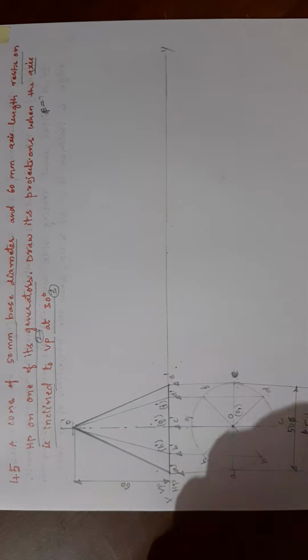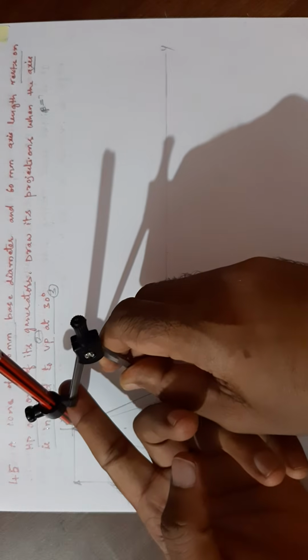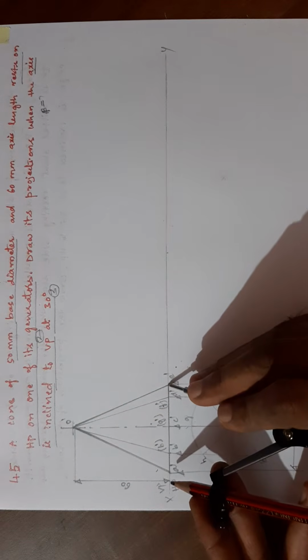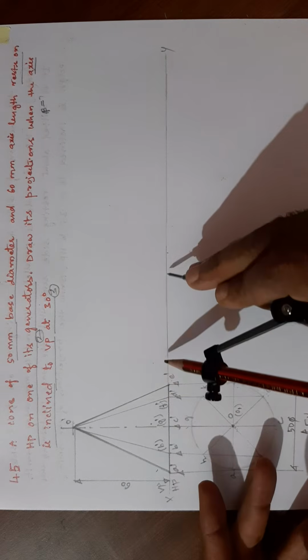So therefore you measure E dash and O dash. Before that you measure the width of the front view and keep it like this here.